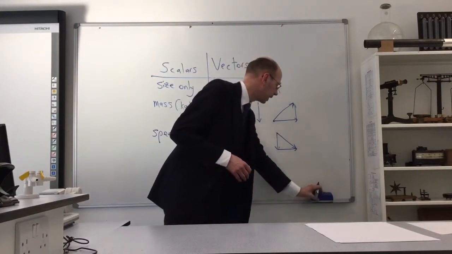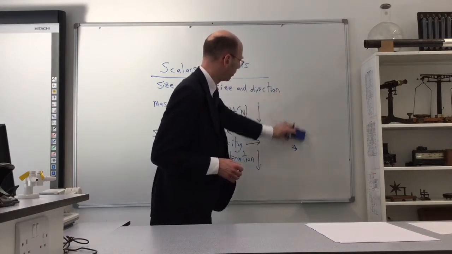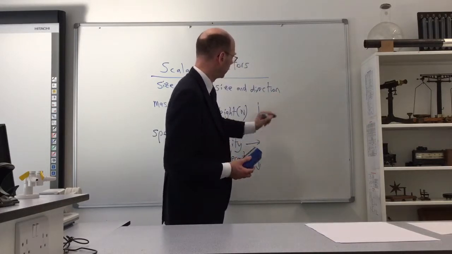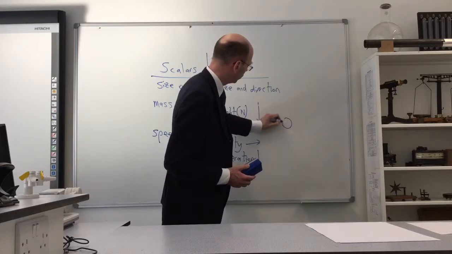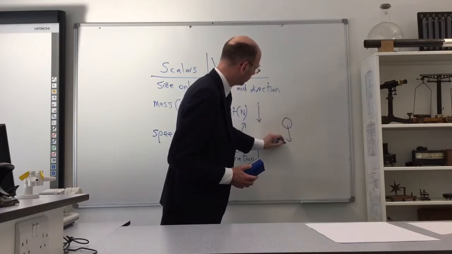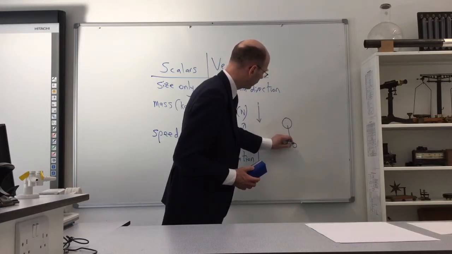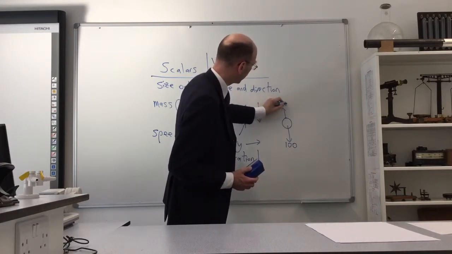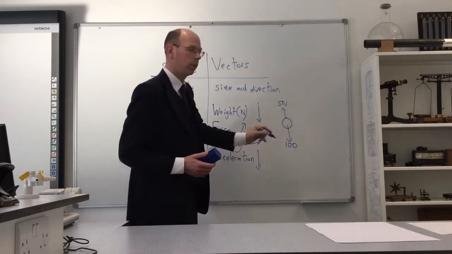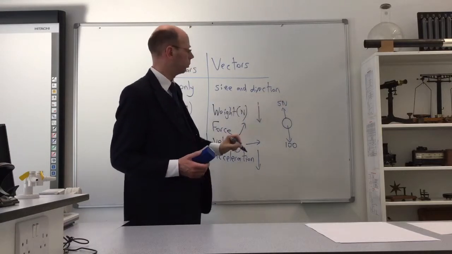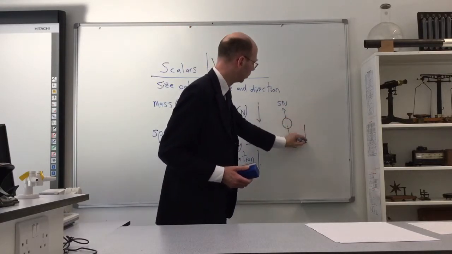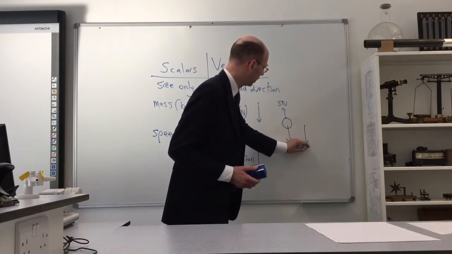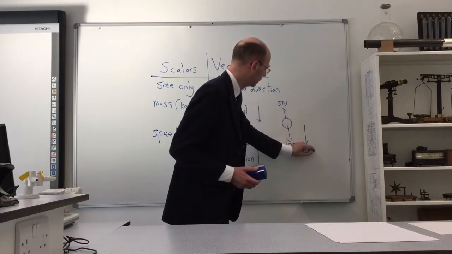A simple case of that is where they're in opposite directions. Suppose, for example, I've got a ball which is falling downwards and it's got, let's say, 100 newtons of weight and maybe 5 newtons of drag as it falls downwards. Well, 100 downwards and 5 back upwards leaves me what we call a resultant force of 95 downwards.